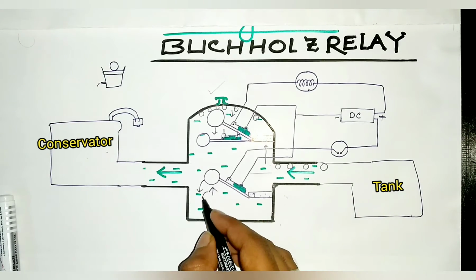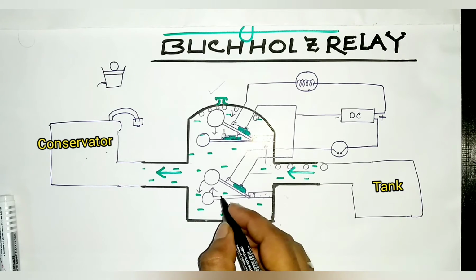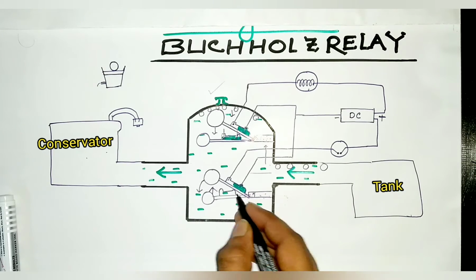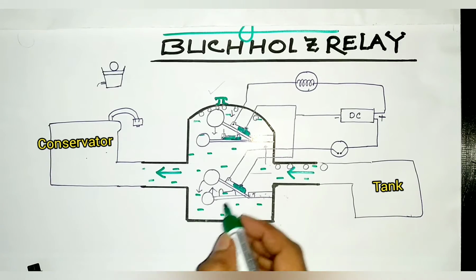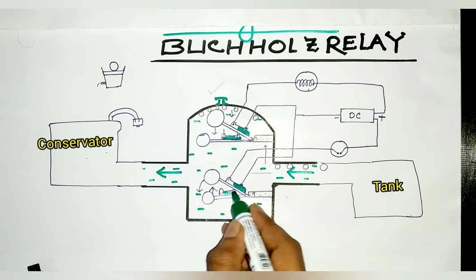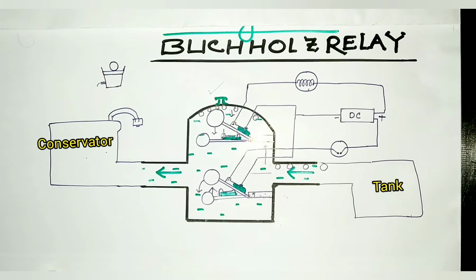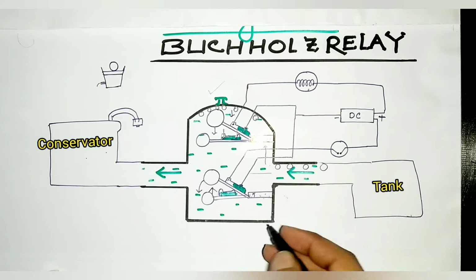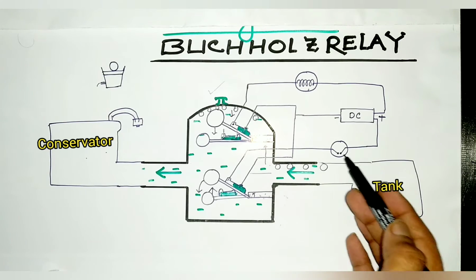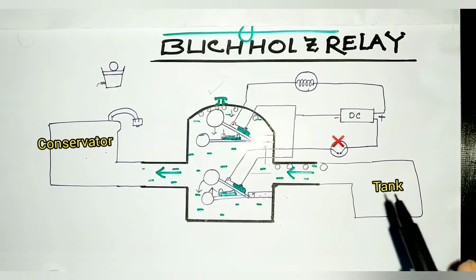Similarly, in this switch, the terminals of this circuit will be closed as the mercury creates a path between these two terminals, and it will sense the trip circuit and isolate the total transformer from the power supply.